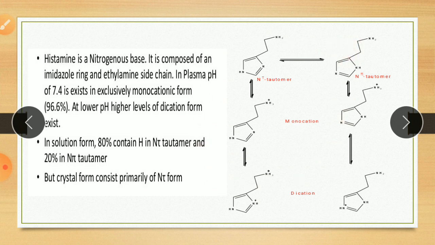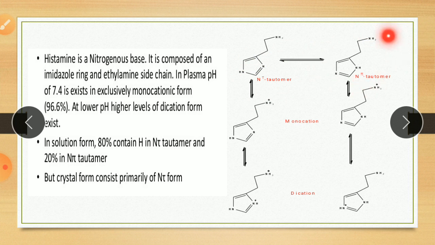So first we see here the ionization. This is the structure of histamine. How do we draw this reaction? This is histamine, called the N-tau tautomer. If we do tautomerism, this hydrogen shifts to this nitrogen and this pi bond shifts to here.